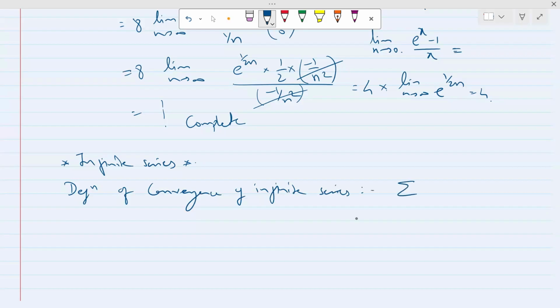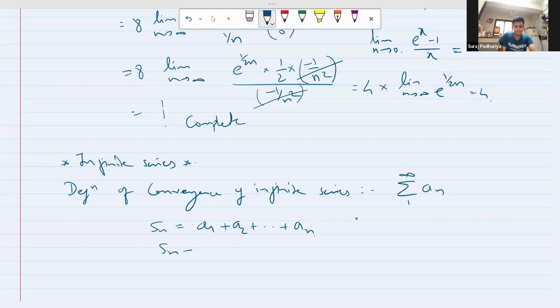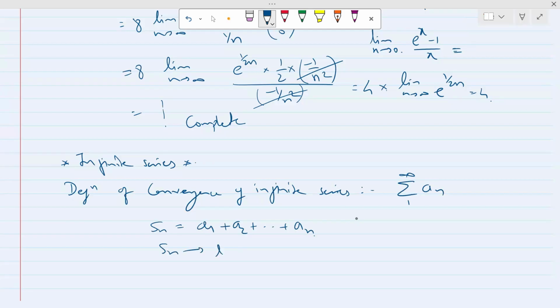Normally it is denoted by summation n from 1 to infinity an, the sum of that infinite series. By definition it converges if its sequence of partial sums converges. If this Sn converges to L, then we say this infinite series converges.